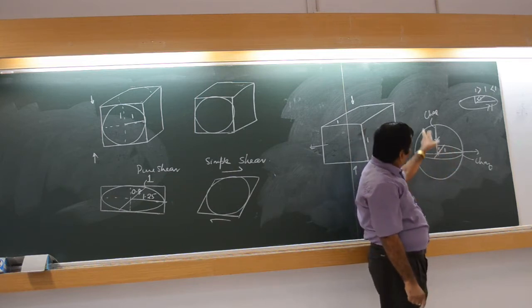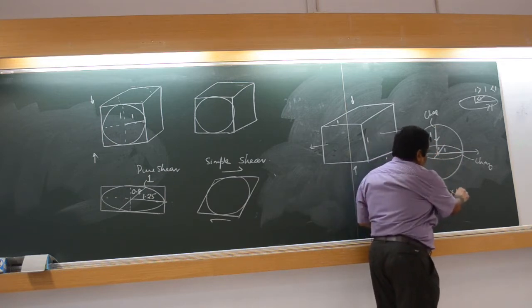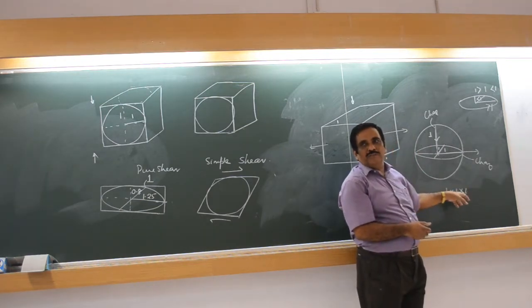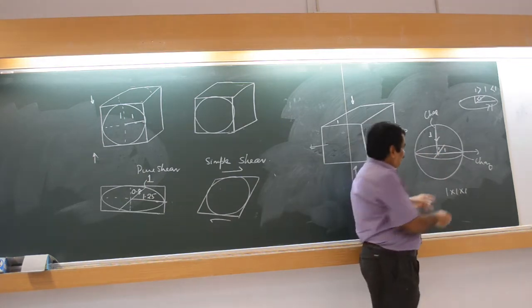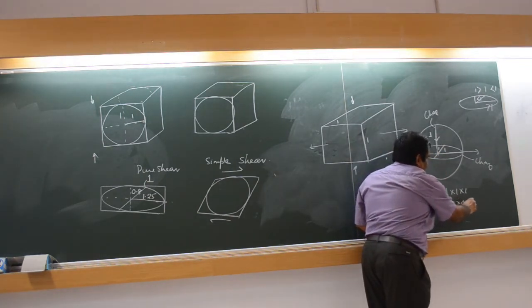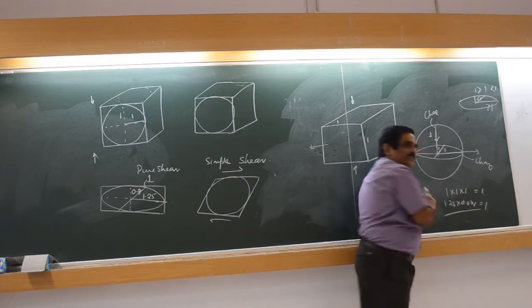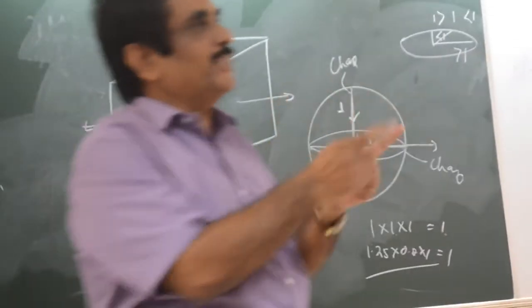Now, what is the volume of this sphere? Volume of this sphere is 1 into 1 into 1. If you multiply all three, the volume will come out. Now, when I am changing it, suppose I am making one dimension 1.25, the other dimension is 0.8. This will also be 1. You see? That is why I got these figures, so that the multiplication will be 1.